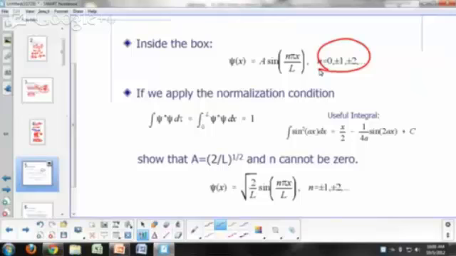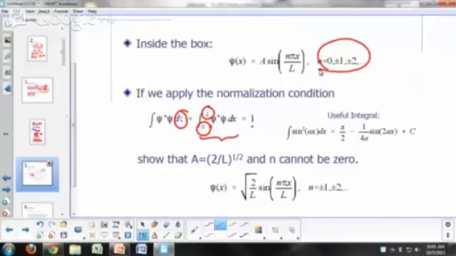Okay, we want psi to be normalized. That means what? Remember our interpretation of psi squared, psi star psi, is that it's a probability density function. So if you integrate it over all possible locations of the particle, in this case from x equals 0 to x equals L, the integral you get must be equal to 1.